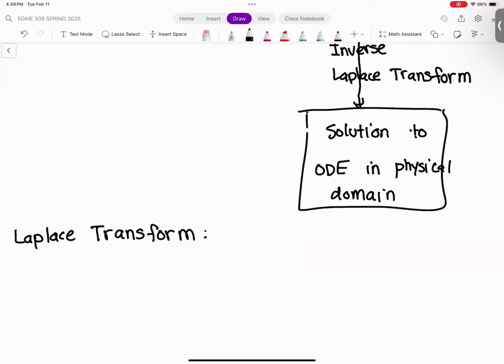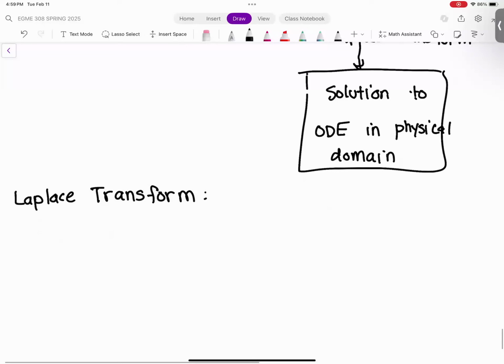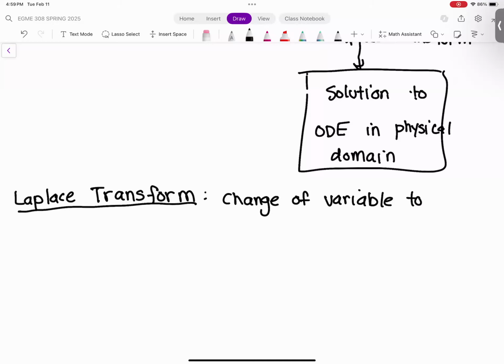Okay, so how do you compute the Laplace transform? So remember I said the Laplace transform essentially is a change of variables. So you're going to take whatever variable your function was of before, whether it be x or t, and then transform it into s. Okay. So mathematically it looks like this.